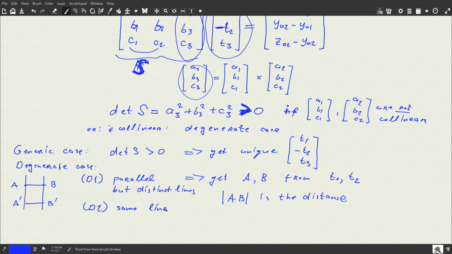Okay. How can we distinguish between those cases? Whether it is parallel but different, or it is the same line.